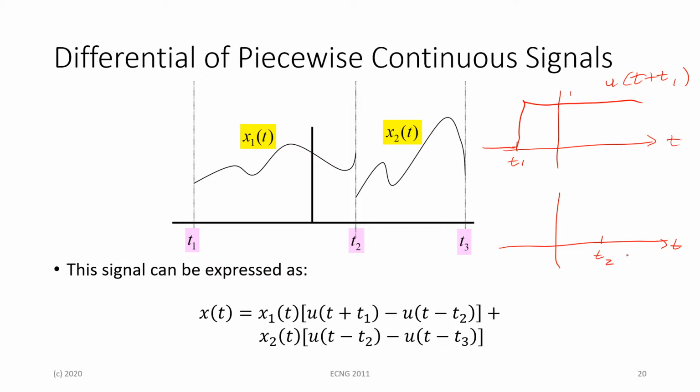And if we draw a unit step accordingly, everything before t2 is going to be 0, and everything after t2 is going to be 1. So it's like this, then here, and then like this. And the magnitude here is just 1. So what happens when we take the difference of these signals?